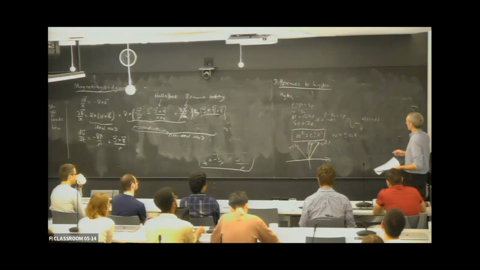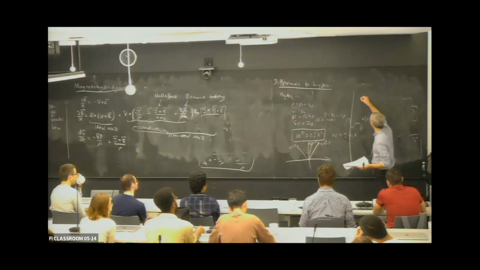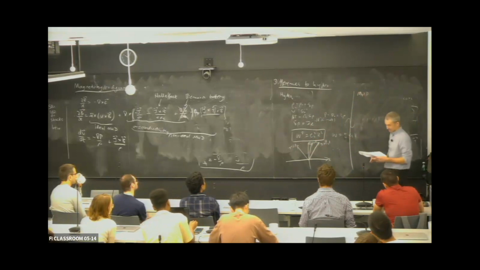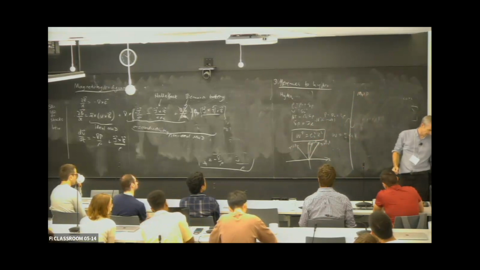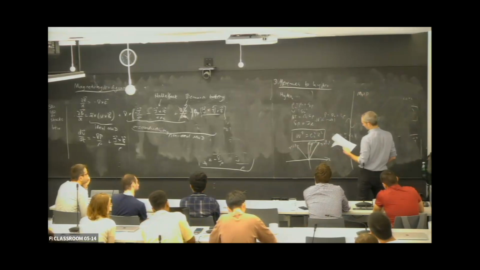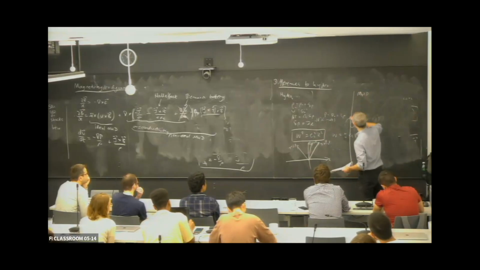Okay, so what's different in MHD? Well, this gets a lot more complicated. It's like an entire lecture's worth of derivation, which we won't go through. Do you really want me to write it out? Let's try.